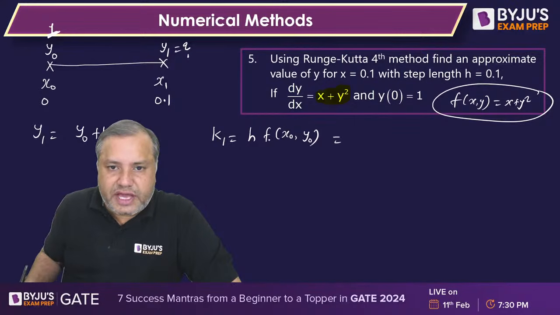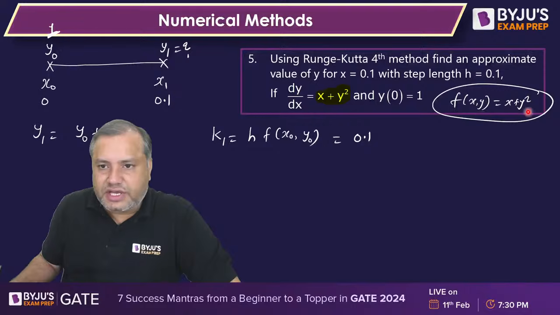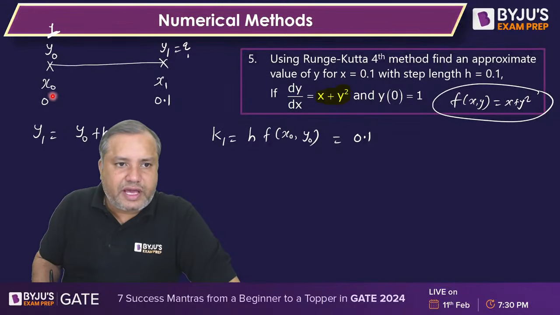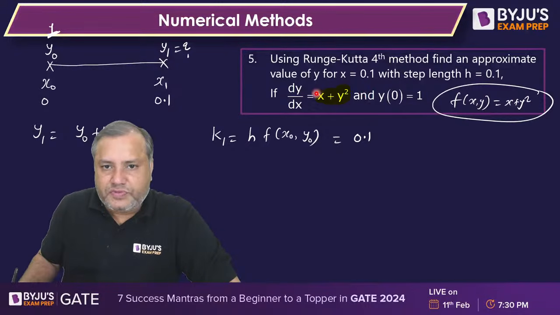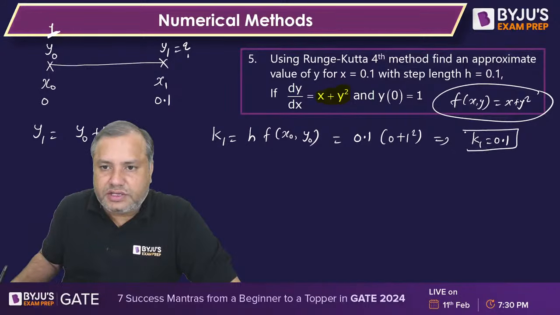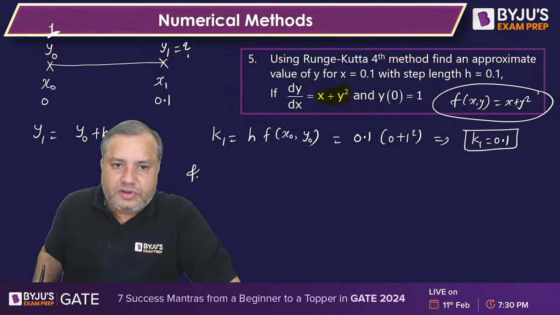What is h? H is 0.1. And in this function, you need to put x naught and y naught, 0 and 1. So 0.1 into 1 will be simply 0.1. Now k2.